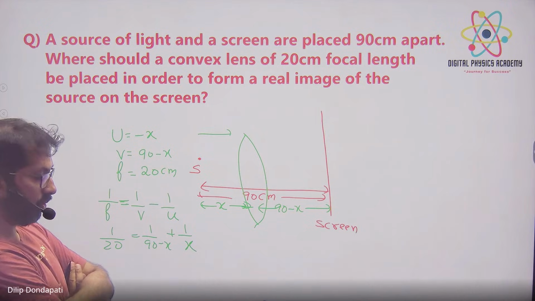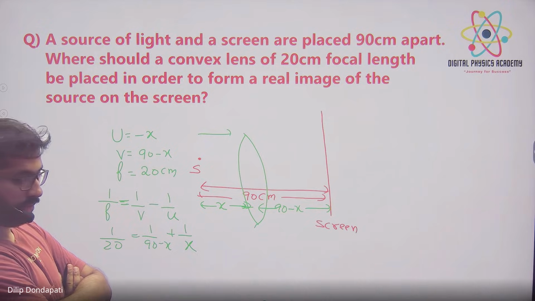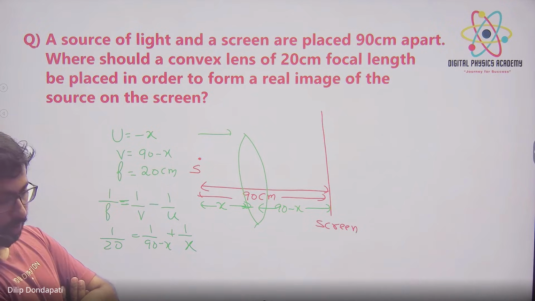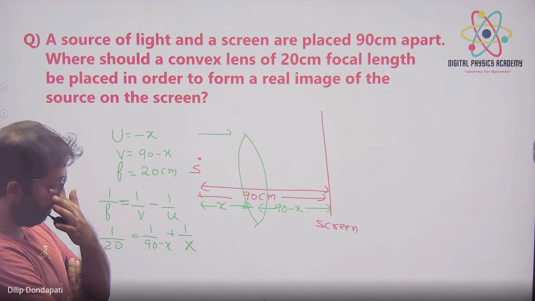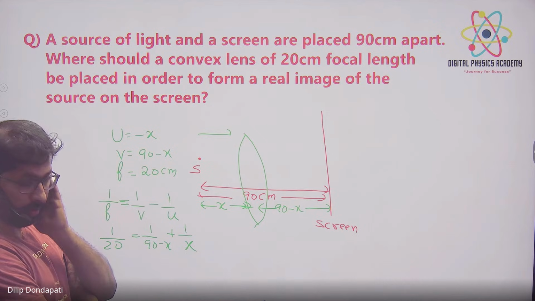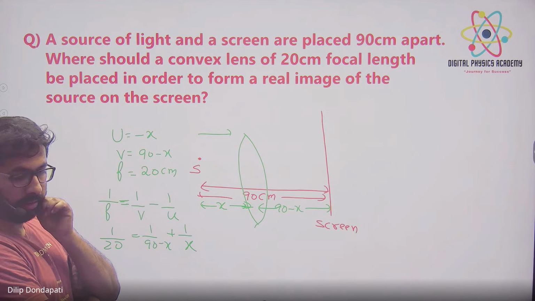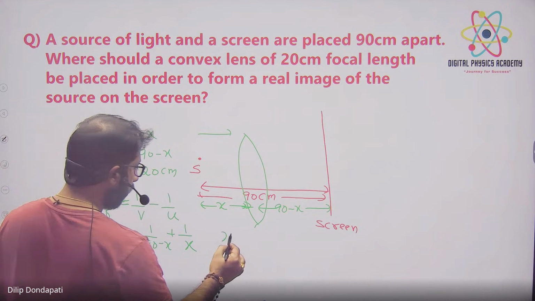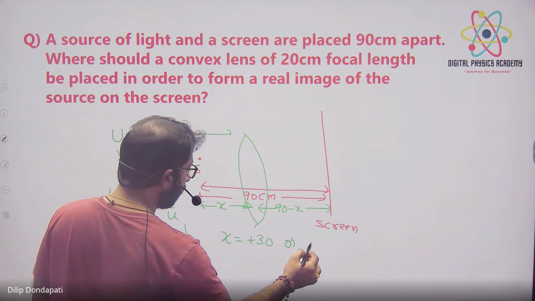So minus 60 and minus 30. No, plus 60 and plus 30. Got it? So x is equal to plus 30 or plus 60.